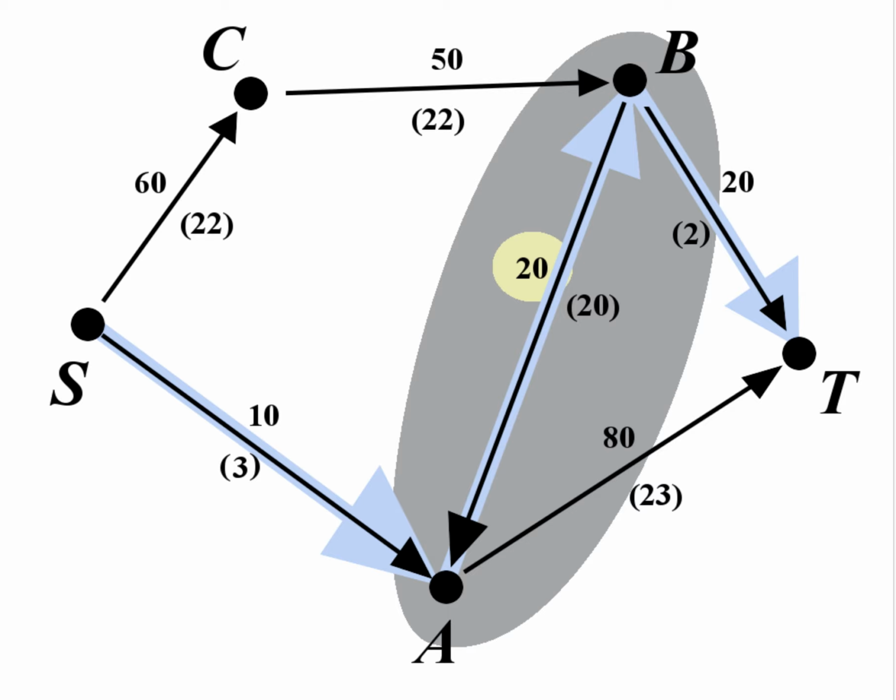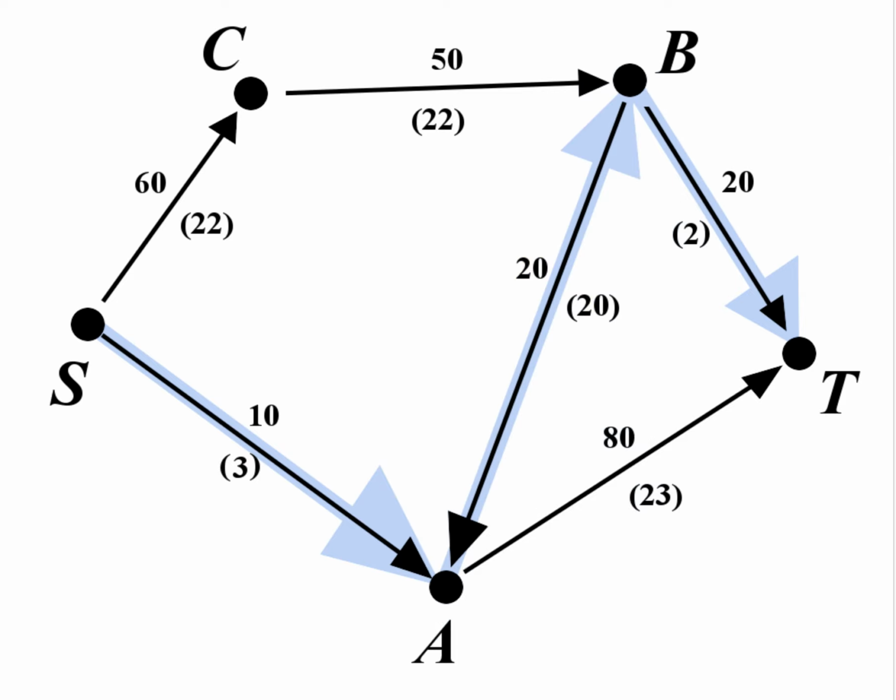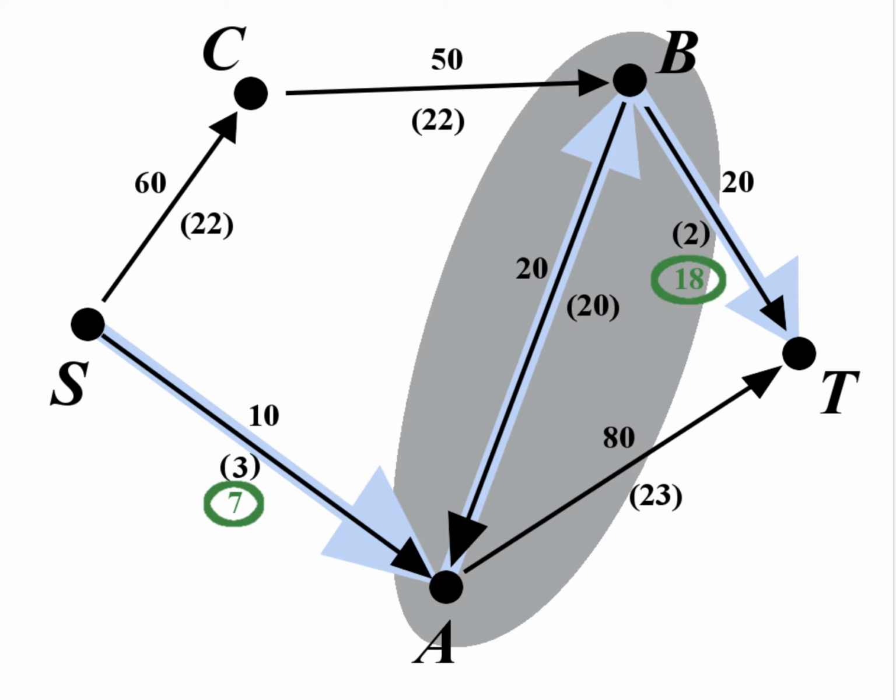So this augmenting path S, A, B, T can lead to improvement of this value 25. The edge from S to A can send 7 more snails, and similarly the edge BT can send 18 more snails. But now the question is, how many snails can we send from A to B? And the answer is 20.